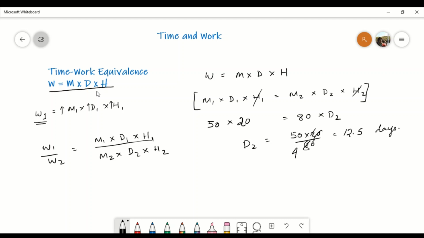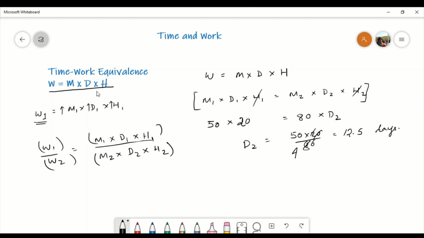So the work is differing, and the ratio in which the work differs is the same as this, because W1 is this and W2 is this. We can use this formula to calculate the number of men, days or hours it will take if the work is changing.